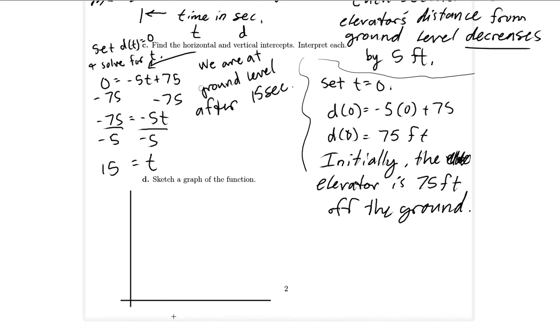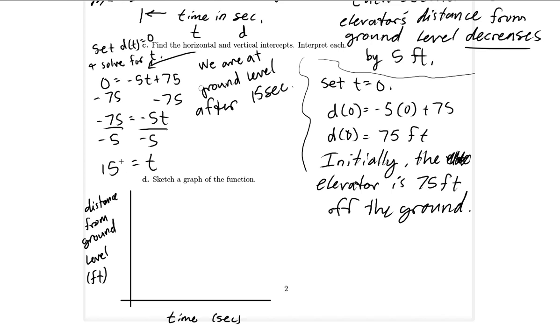So that's time. We can label that time in seconds. And this is, of course, distance from ground level, and that's in feet. So use your intercepts to quickly graph this.